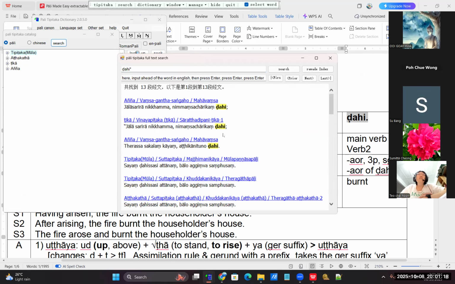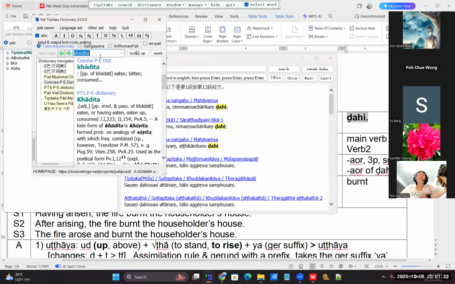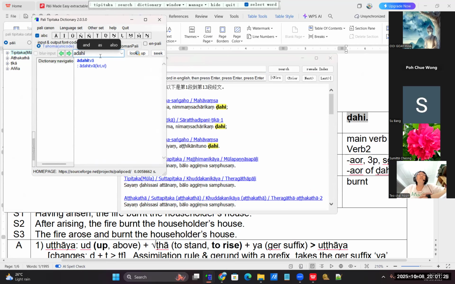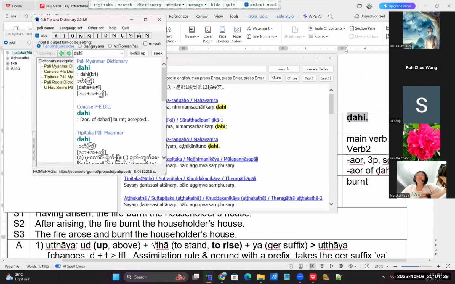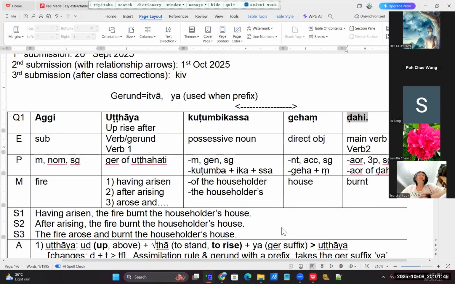So this means that this is not so common. Dahi, you have dahimsu for the plural. So it seems dahi is not so common. Only three. So I think this is not a problem.